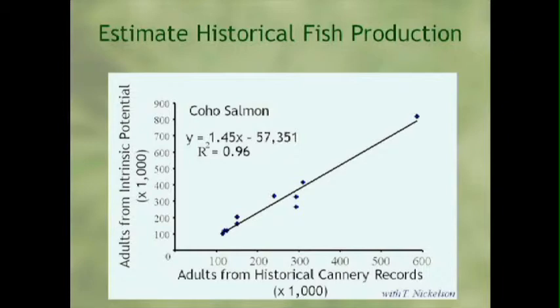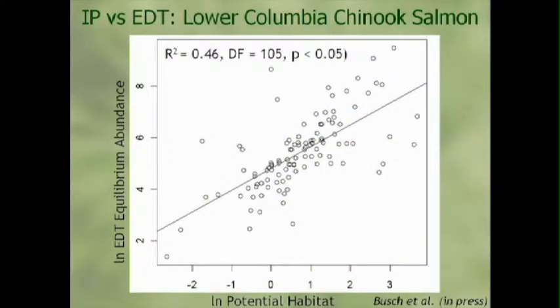And then the adults from historical cannery records were also estimated, and then a relationship was developed between these two, allowing one to predict the historical abundance in basins lacking these historical cannery records, just using the intrinsic potential values and a variety of assumptions based on ocean conditions and habitat width and a variety of other assumptions.